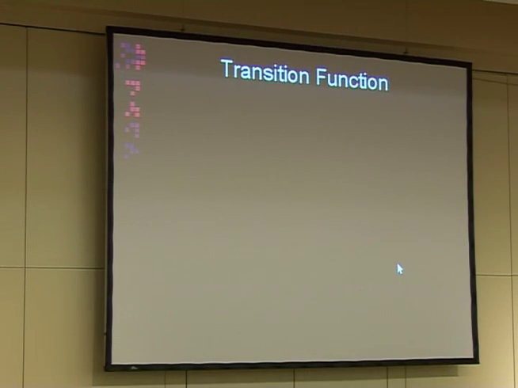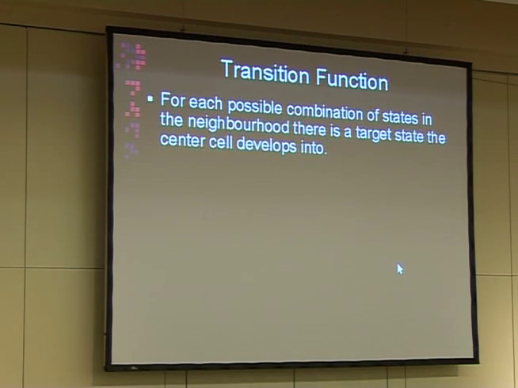And how is this influence really modeled? Think about it. For each possible combination of states in the neighboring cells, you have one target state that the center cell develops into. And this is simply implemented as a lookup table.